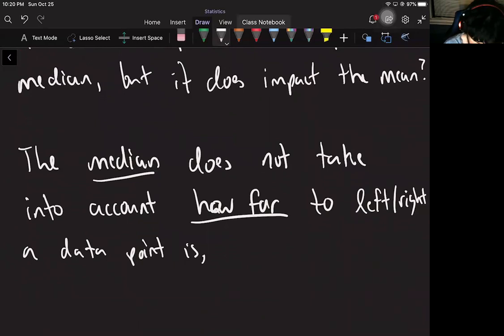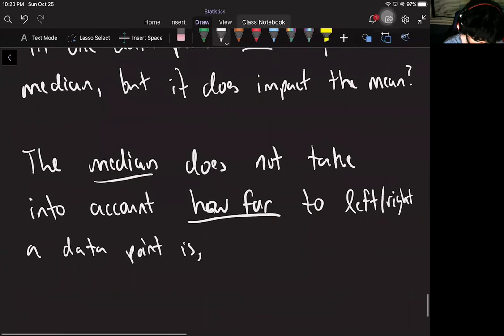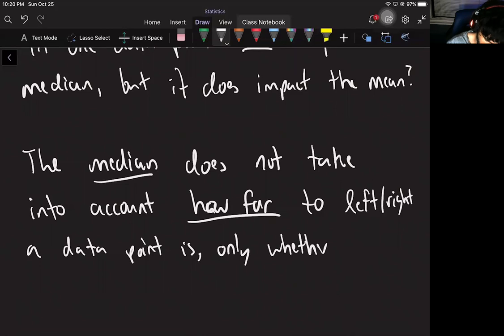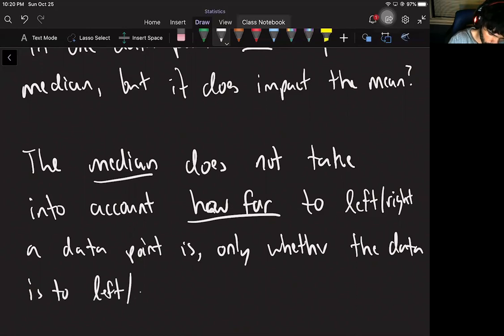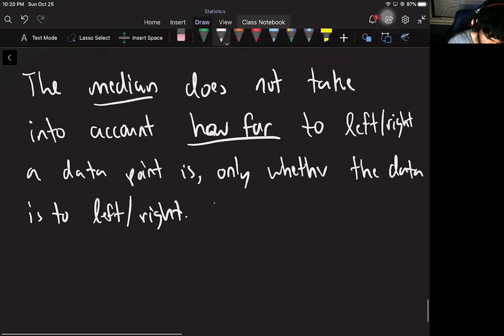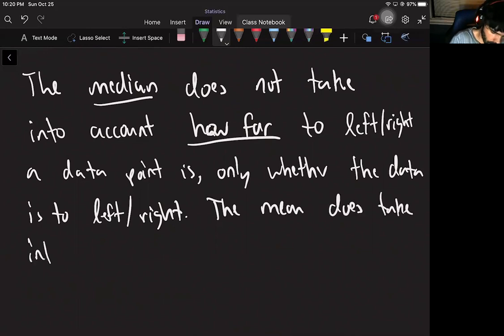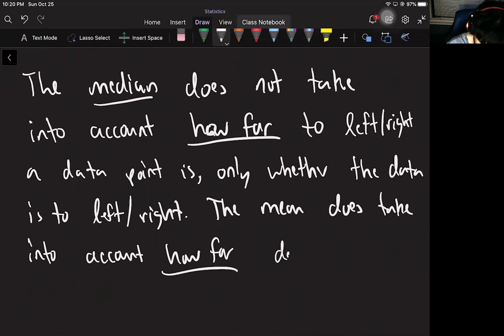So the median doesn't take into account how far left or right a data point is, only whether the data is to the left or right. It doesn't care about how far it is. The mean does take the distance into account. So the mean does take into account how far the data is.